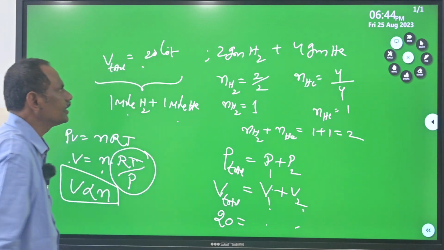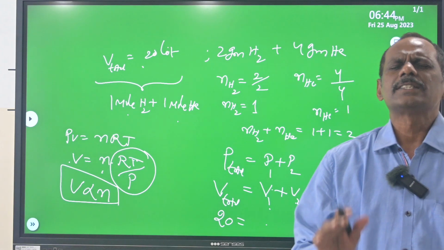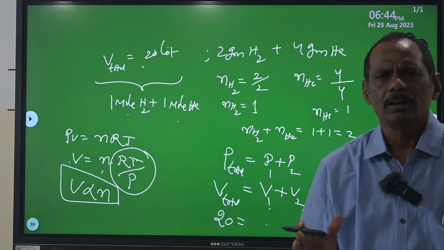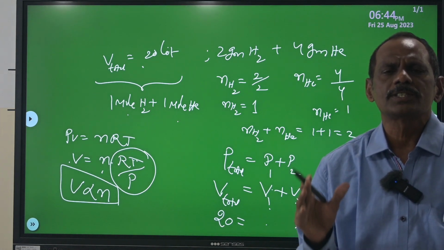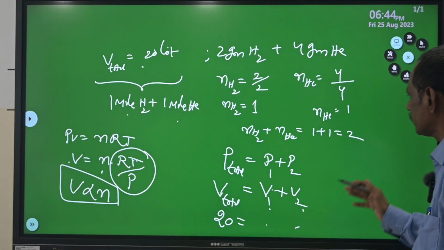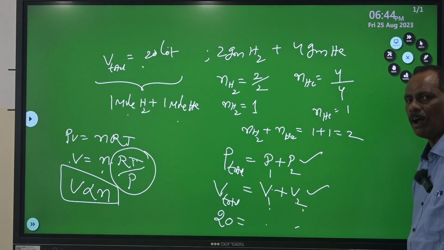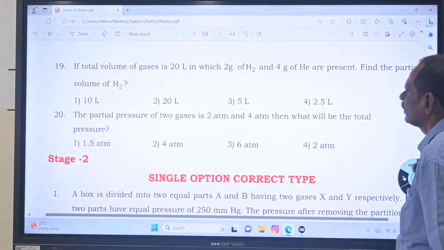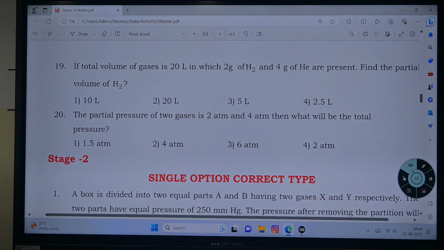Similar to Dalton's law, there is another law called Amagat law, which states that the total volume of a gas mixture at constant temperature and pressure is equal to the sum of the partial volumes of all the gases present in the mixture. It is Dalton's law, and it is Amagat law. That is question number 19.